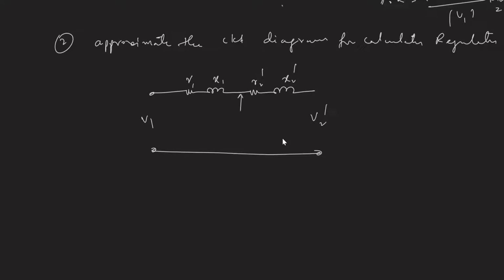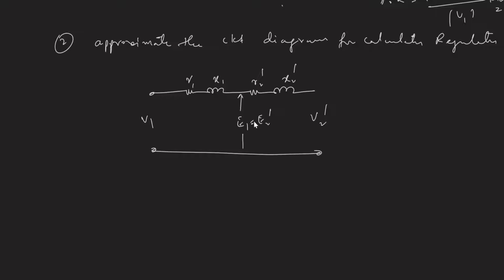Here we have E1 is equal to E2 dash, right? So it's a reasonable approximation, not so adversely affecting the regulation.